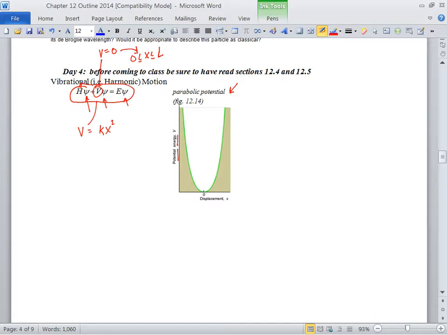When you had the potential energy of a stretched spring, x is the displacement, right? The distance that it's pulled from its equilibrium position. K is the spring constant. We're just missing a little half. V is 1/2 kx squared.